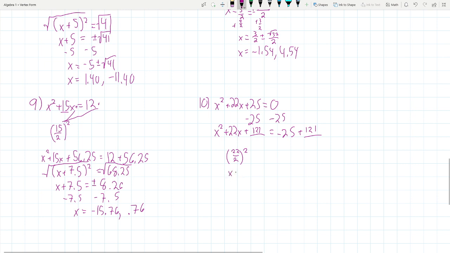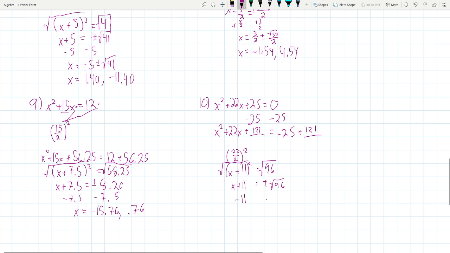And so I get x plus 11 squared equals 96. I do the square root of 96, and I get x plus 11 equals plus or minus the square root of 96.